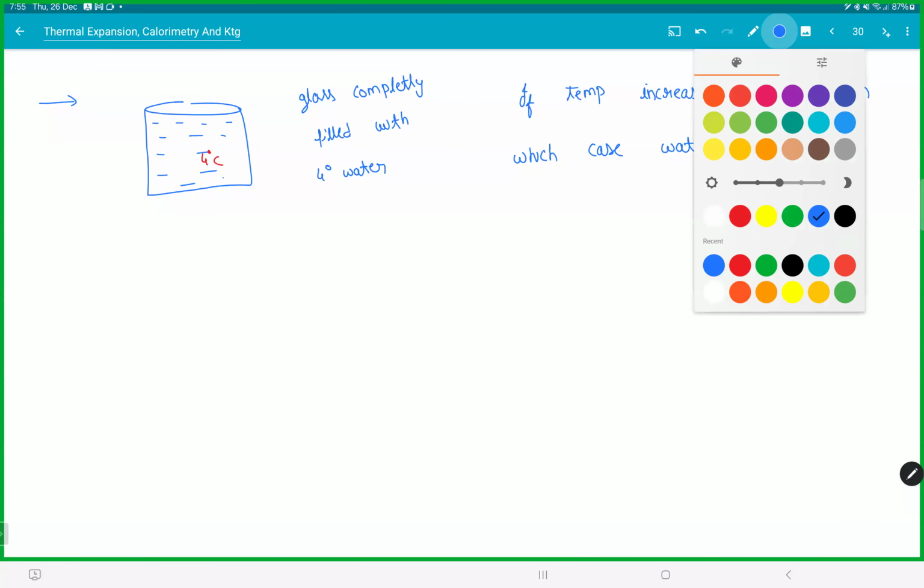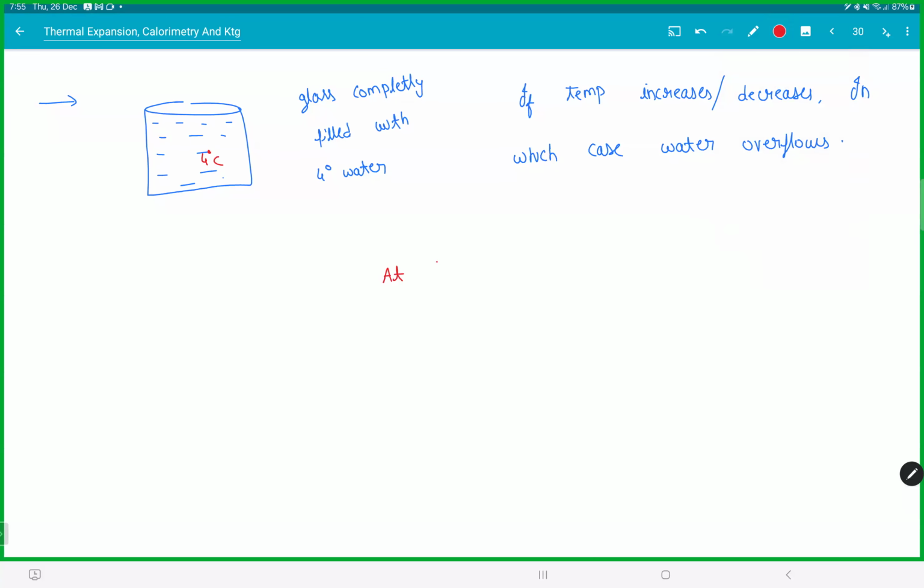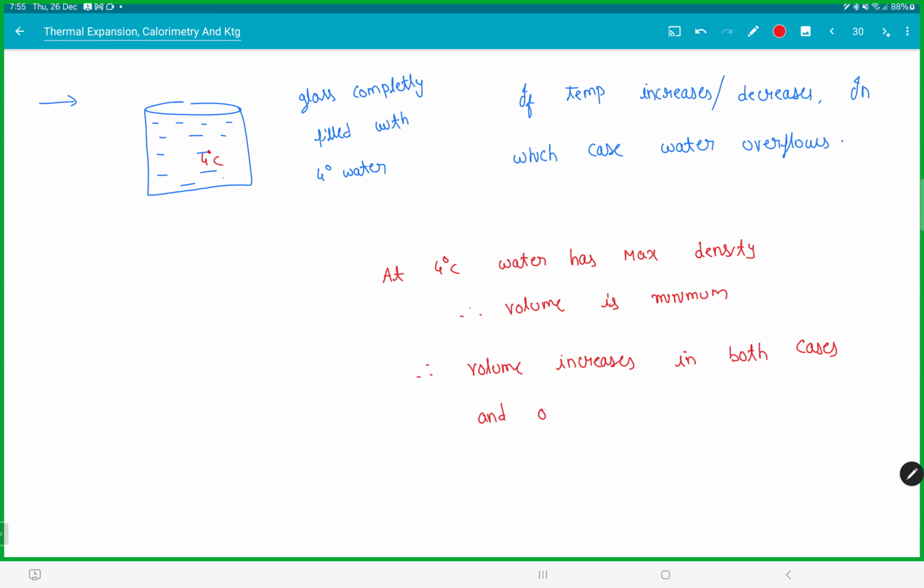Both the cases, right? At 4 degrees, water has maximum density, meaning volume is minimum. Mass is same. Therefore volume is minimum. So if you increase or decrease the temperature, in both cases the volume will expand. Simple theoretical questions.